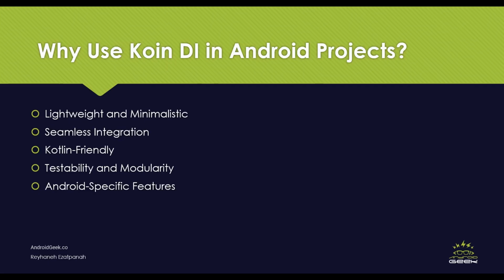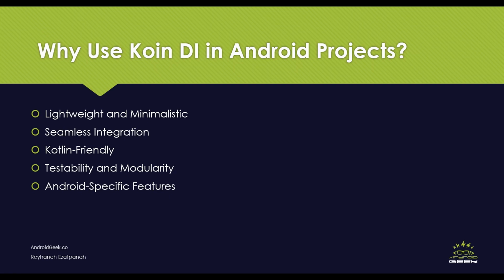And now, why we need to use Koin dependency injection in Android projects. Here you can see several reasons for using Koin. Let me explain in detail one by one. The first one, lightweight and minimalistic. Unlike other DI framework that often introduce additional code, Koin follows a lightweight approach.